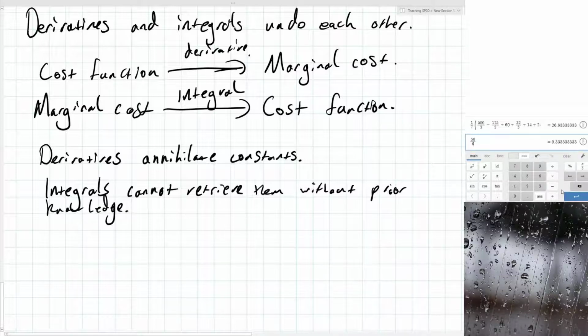In some sense, the problem early on in the semester, like day one, where we were talking about designing cost functions given variable costs and fixed costs, right?